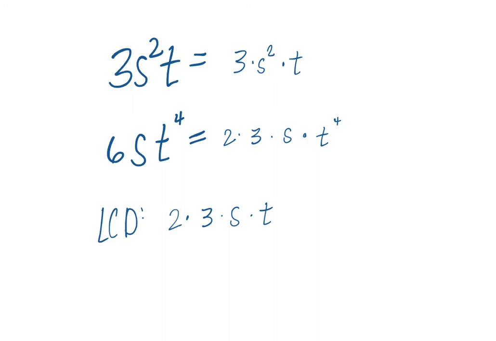So now we want to assign each of those factors the highest power in which we see it. 2 is just to the first, 3 is to the first, so those stay the same. The highest power of s that we see is s squared. The highest power of t that we see is t to the fourth. So here is our LCD.